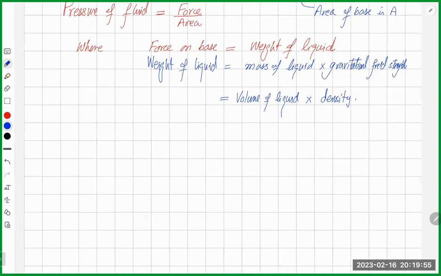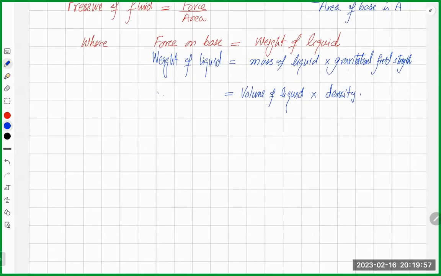Now, gravitational field strength, everybody knows it is g, 10 meter per second square. What is the mass of liquid? Mass of liquid or fluid will be volume of liquid multiplied by density. Density is easy. What is volume of liquid?